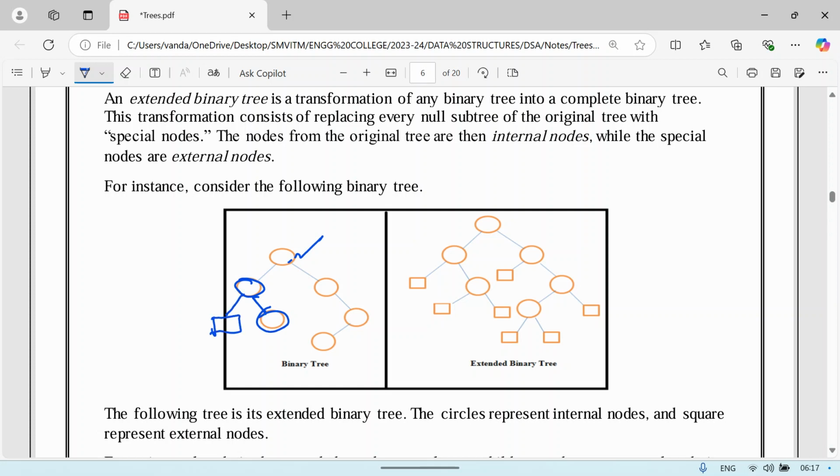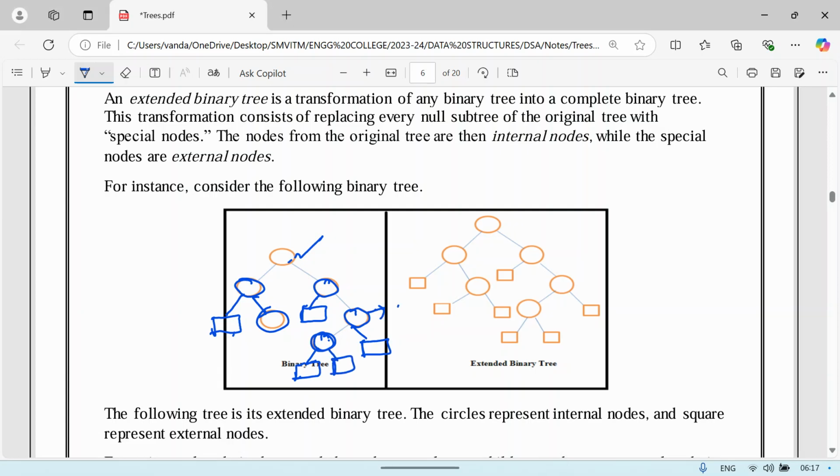But because it is not a part of the original tree, the node that you draw has to be shown in squares. For example, this node has its left child but the right child is not present, so you add one like this. You have a node here, so its children like this.